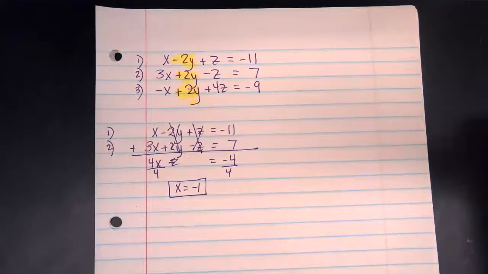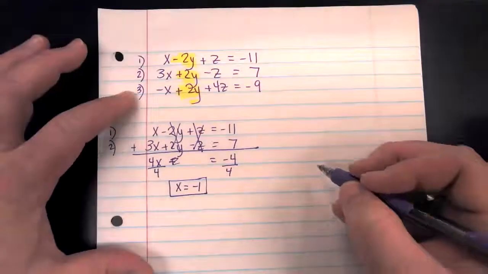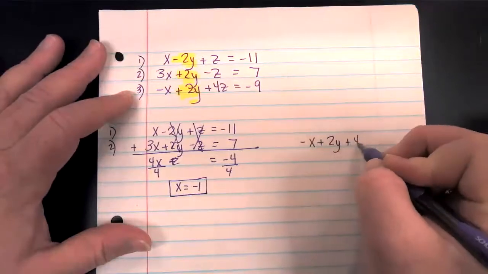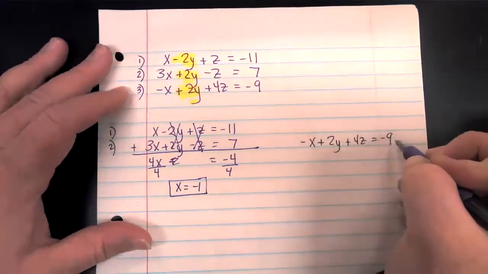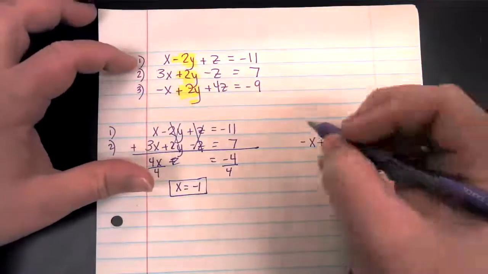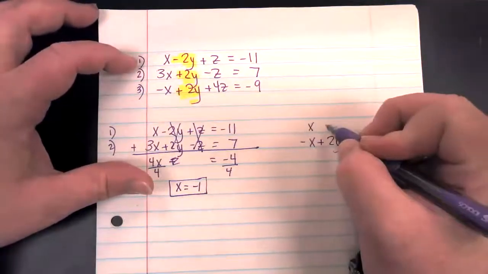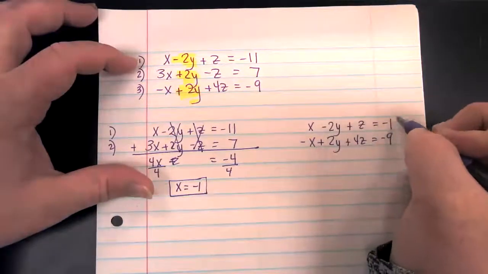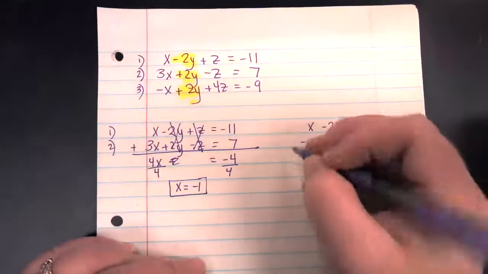Now I need to use number 3. Which one do I want to use with number 3? Do I want to reuse number 1 again or number 2? I probably want to use number 1 again because look at number 1, I don't have to do anything again.